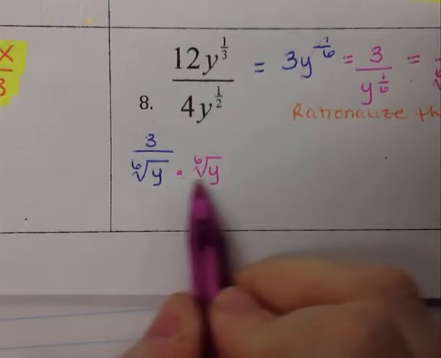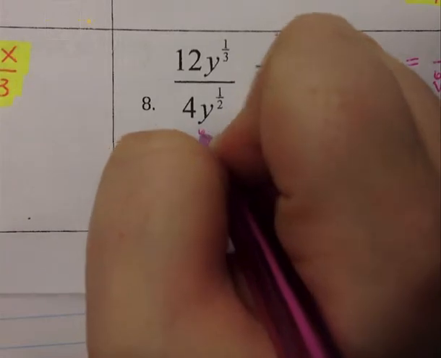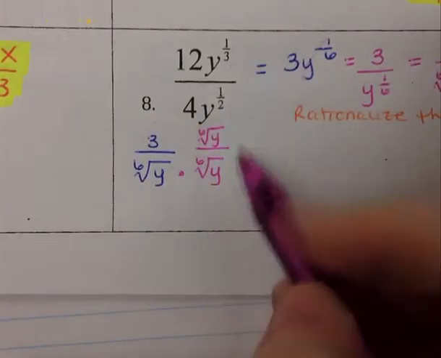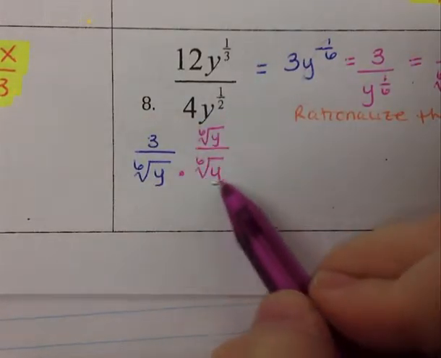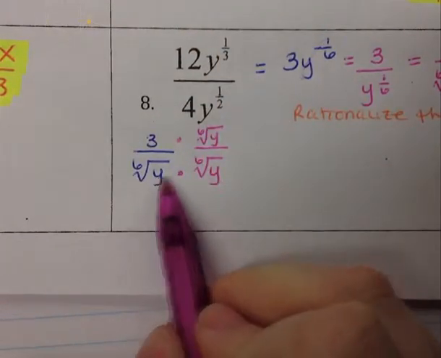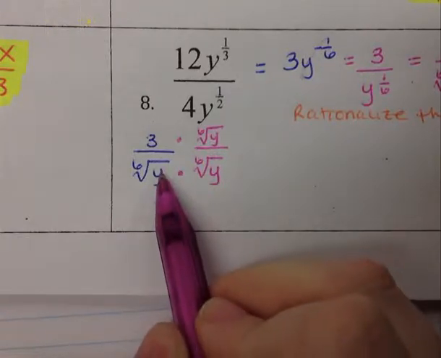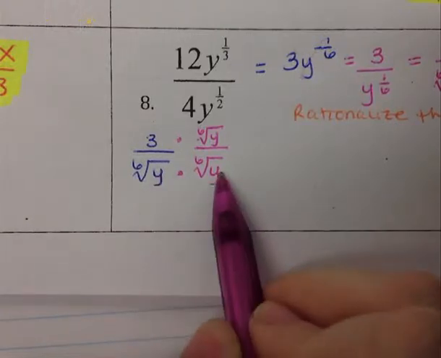So this isn't enough. I do know that I still have to keep it as a value of 1, so this is still just times 1. But like I said, I need the sixth root of y to the sixth power on the denominator. I only have y to the second power because it's y times y.